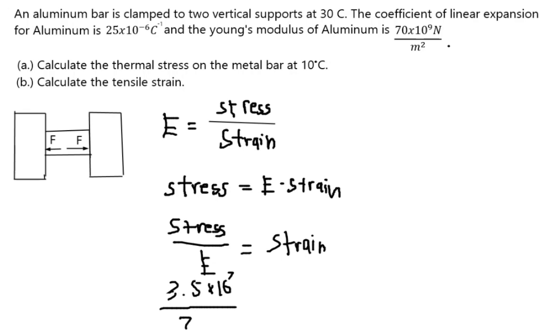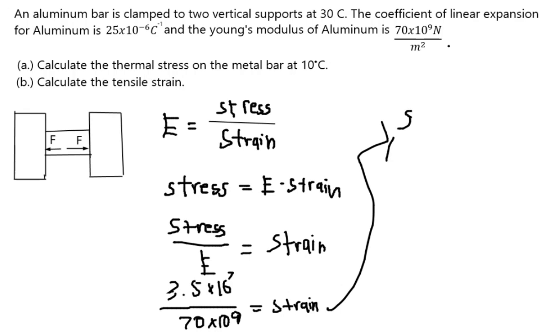And the Young's modulus is 70 times 10 raised to the 9th power. So, without a calculator, we can also solve this by taking out the 3.5 and it becomes just 35 times 10 raised to the 6. But in this video, I'm not going to do that because I have a calculator beside me.